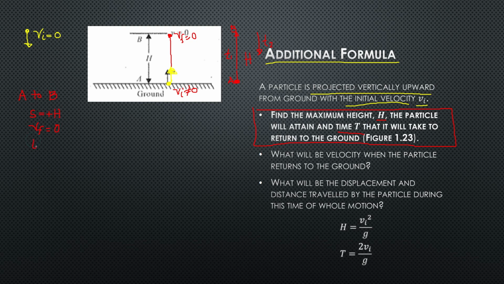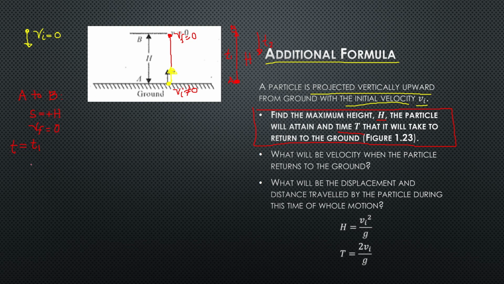So T1, or time of ascent, is the time going up first. Let us consider going up.